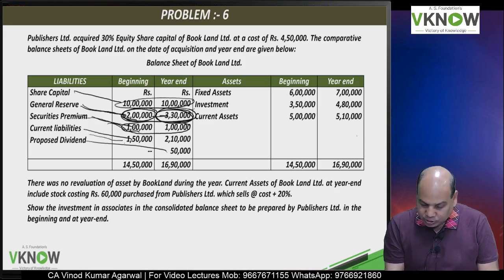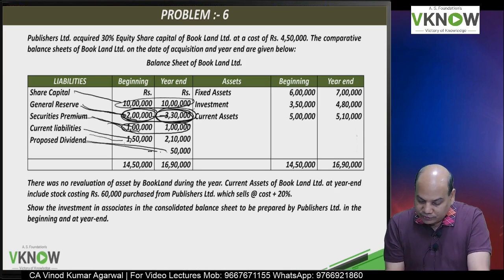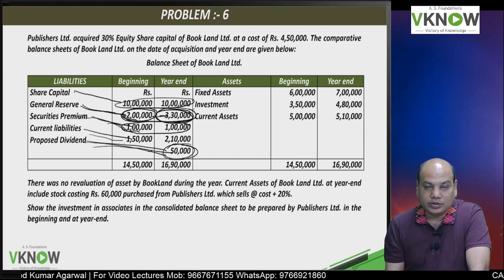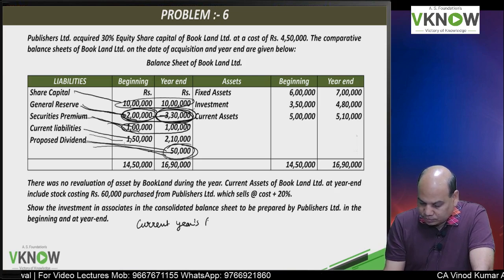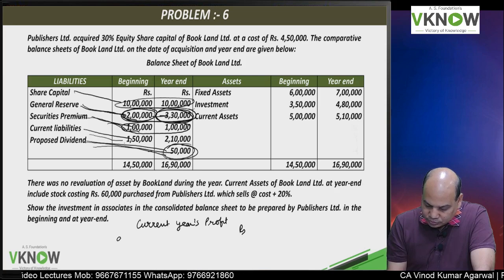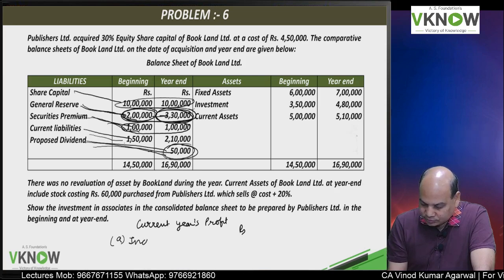Current liability, no problem. But proposed dividend during the year created is 50,000. So current year's profit will be equal to the sum of two numbers.